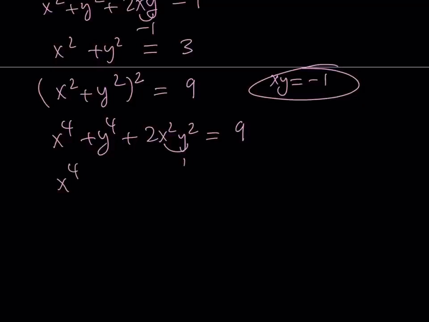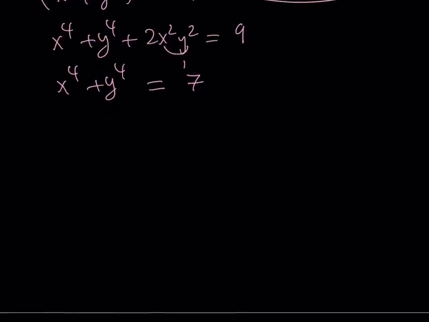So if you subtract 2 from both sides, you get x to the 4th power plus y to the 4th power is equal to 9 minus 2, which is 7. My goal was to find x to the 8th and y to the 8th. So let's square this one more time. This is going to give us 49 because 7 squared is 49.